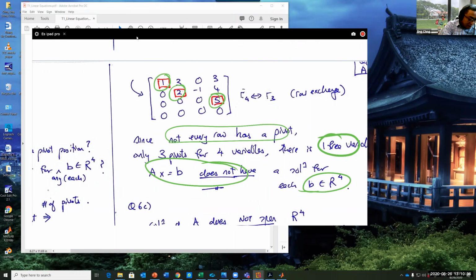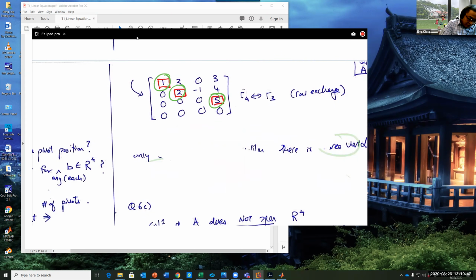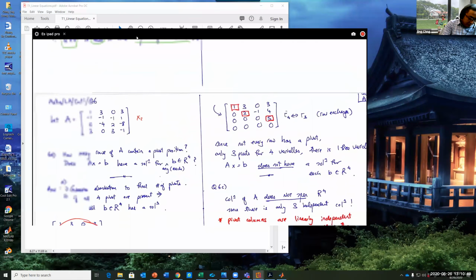Now, you might ask, then which B? Which B can be found? Okay, think hard. If not every B can be found, which B can be found?